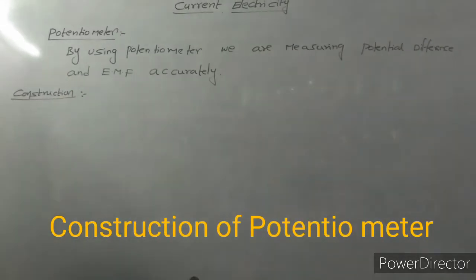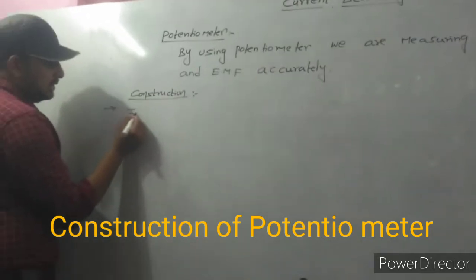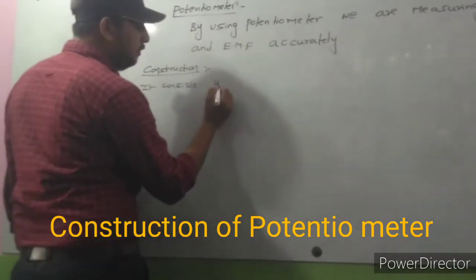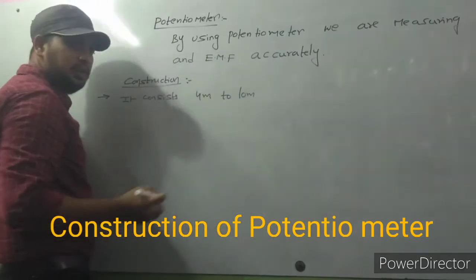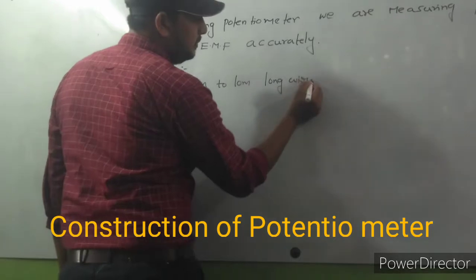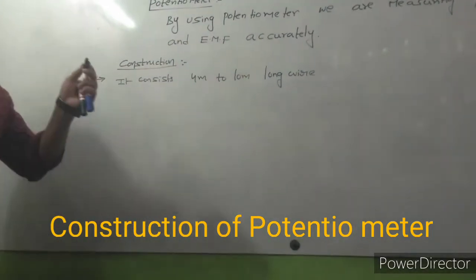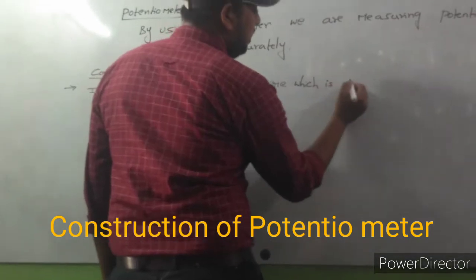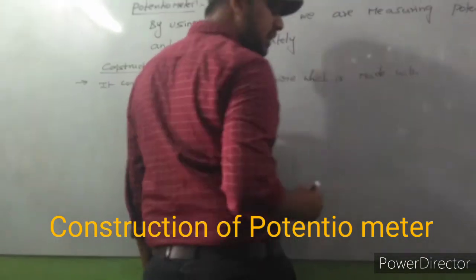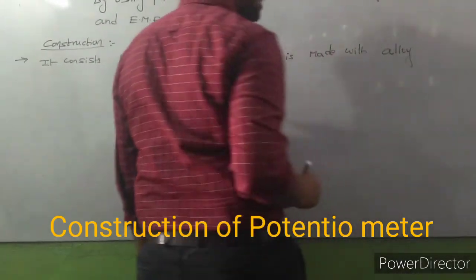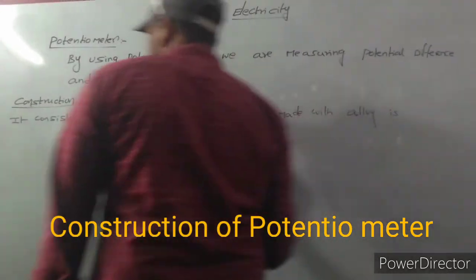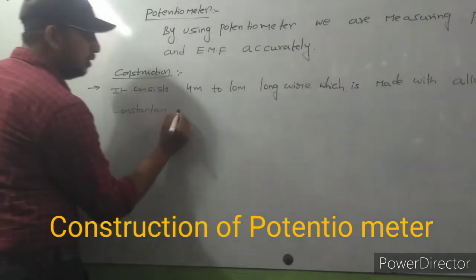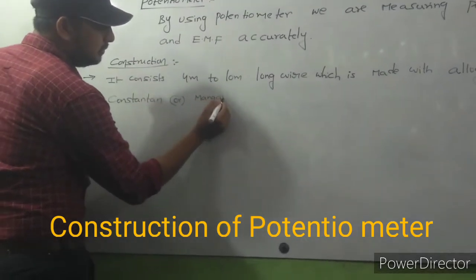What is the construction of potentiometer? Generally, a potentiometer consists of a 4 meter to 10 meter long wire, which is made of an alloy. The alloy is Constantan or manganin.